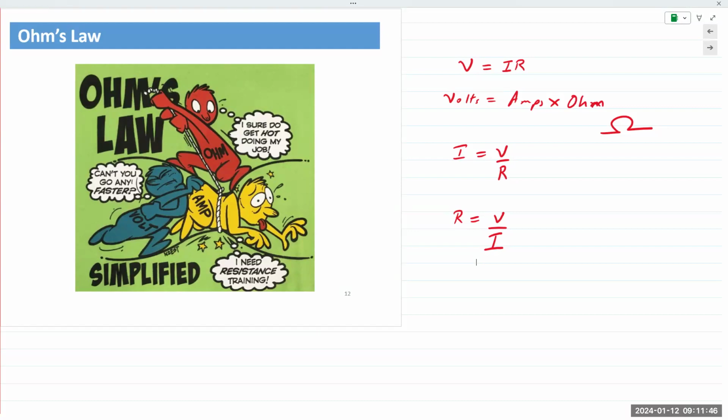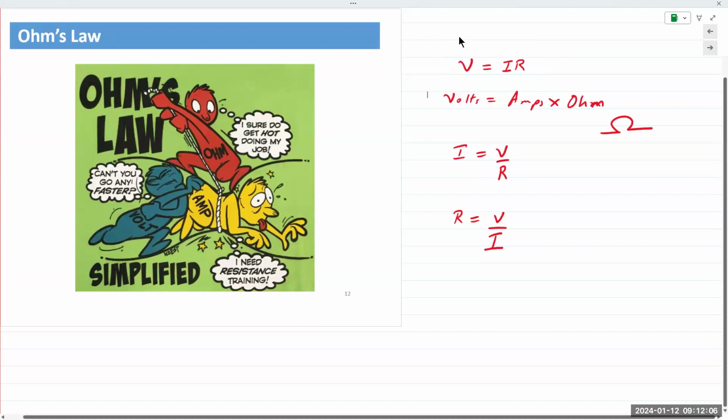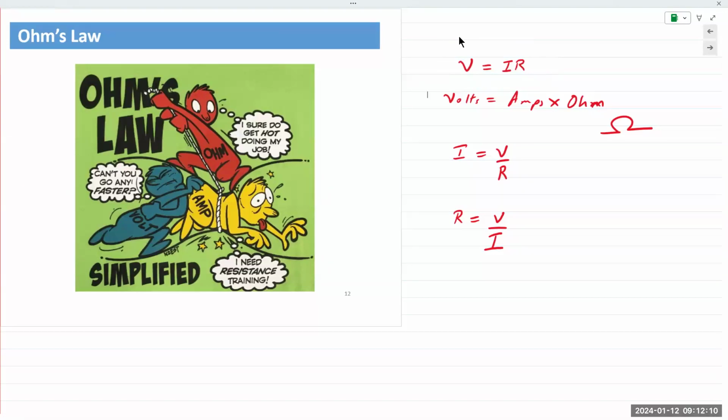Using this equation, we will build upon it and learn new techniques. I mentioned in the last class that you could solve any circuit based on this equation. Well, that is true and also not true at the same time. There will be some circuit connections that make it very difficult, if not nearly impossible, to solve using just this one equation.